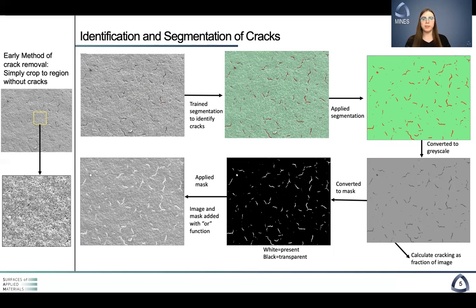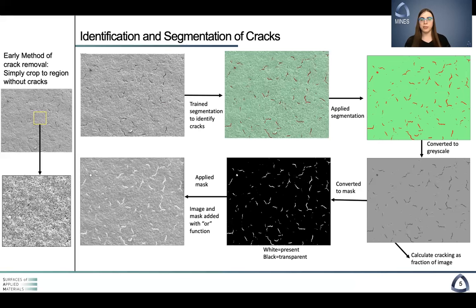So I then developed the algorithm shown on the right in the majority of the slide. I used a machine learning algorithm, specifically Weka segmentation in the program ImageJ, to identify cracks and not cracks, essentially, and then just create a binary image of everything that's a crack and everything that isn't a crack.